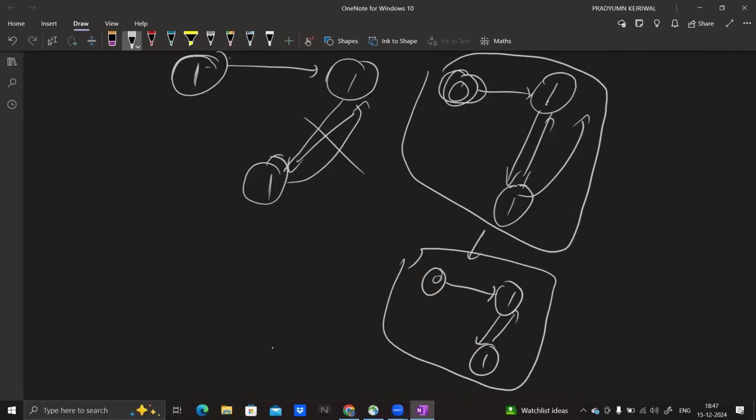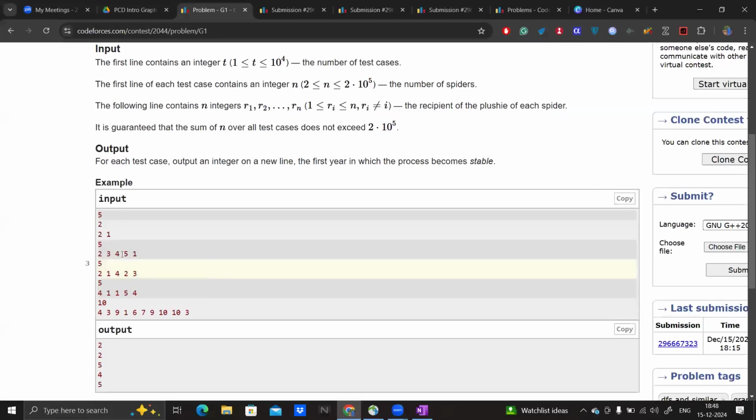So in this case, the answer would be 3, if I'm not wrong. Yeah, the answer would be 3. So that is the problem, that we have to figure out the first year after which the process is stable.